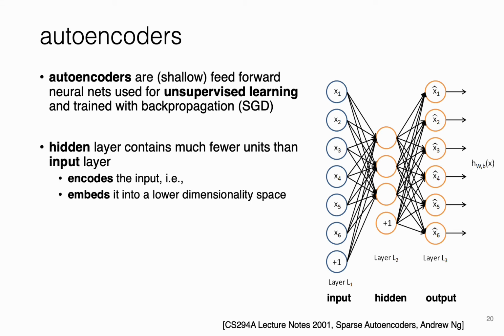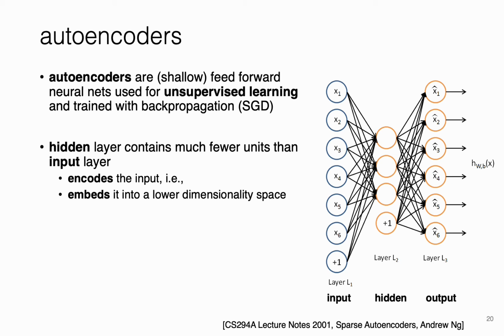The hidden layer contains far fewer units than the input layer and encodes the input into a dense representation called embedding. This representation is similar in principle to the latent feature representation of matrix factorization.